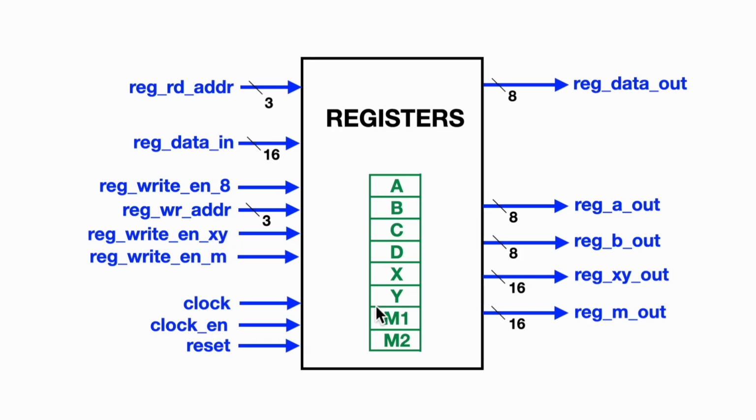Whenever we want to update one of the 8-bit registers, we also have an address of the register we want to be updating. So the write address is a 3-bit address of one of these registers, and we would raise the write enable for the 8-bit registers, and the data that we want to store into the register would be in the low order 8 bits of the 16-bit input.